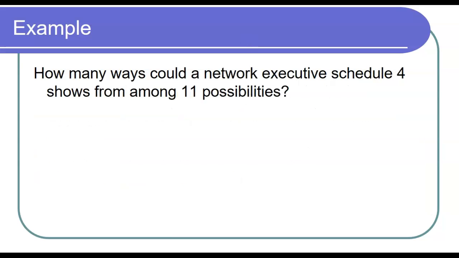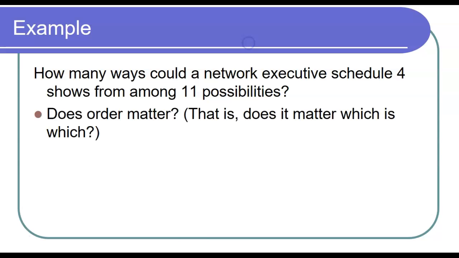How many ways could a network executive schedule 4 shows from among 11 possibilities? Like maybe they've got 11 possible half-hour sitcoms, and they need to schedule one for 7 o'clock, one for 7:30, one for 8 o'clock, and one for 8:30. Does the order matter? Well, yeah, because it matters which one's at 7 o'clock, which one's at 7:30, and so on.